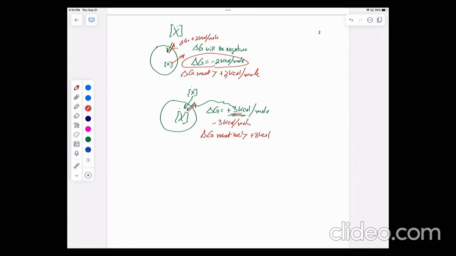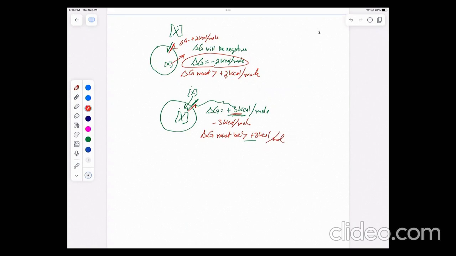The 3 kilocalories is just going to bring me to equilibrium. I need to make that vector bigger. I've got to up that vector there, so it's going to be greater than 3 kilocalories per mole. And so that would be the answer to that.